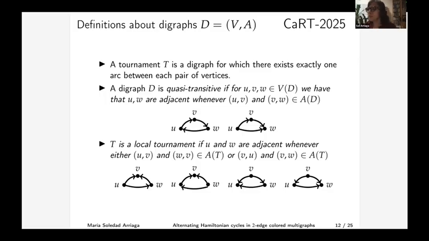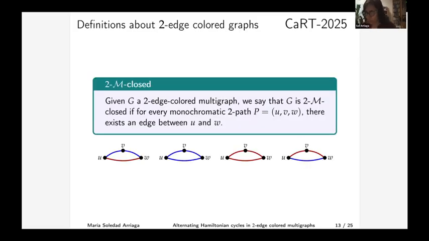Okay, now definitions about two-edge colored graphs, multigraphs. Given a two-edge colored multigraph G, we say that G is 2M closed if for every monochromatic two-path uvw, we have that u and w are adjacent. It doesn't matter the color, but this edge has to be there.